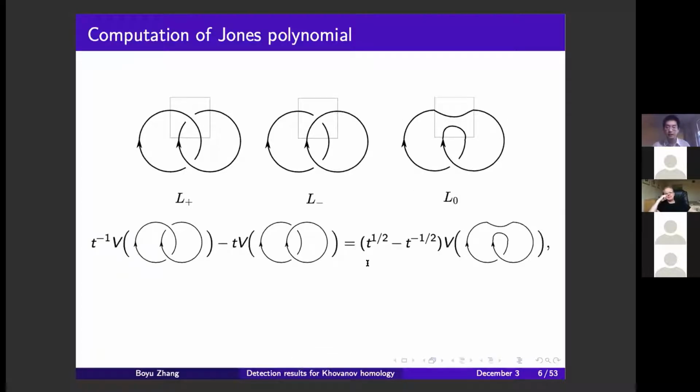So here's our skein relation. Notice that L minus is isotopic to the unlink with two components, and L0 is just the unknot. In conclusion, the Jones polynomial of the Hopf link with linking number 1 is given by this formula. In general, by an induction argument on the crossing number, using the skein relations iteratively, the Jones polynomial can always be computed this way.